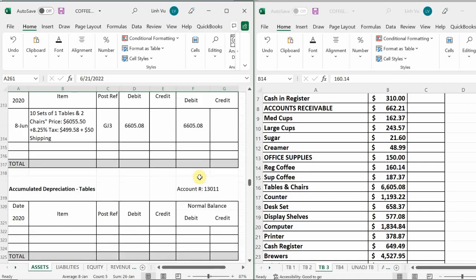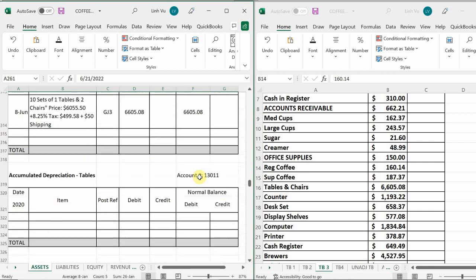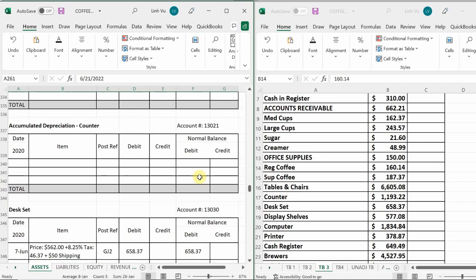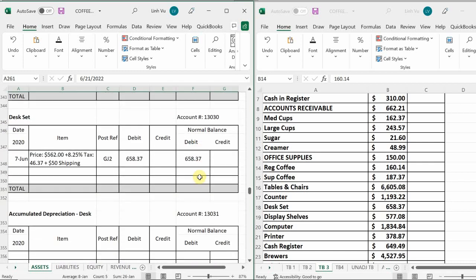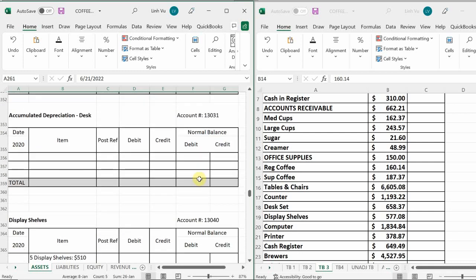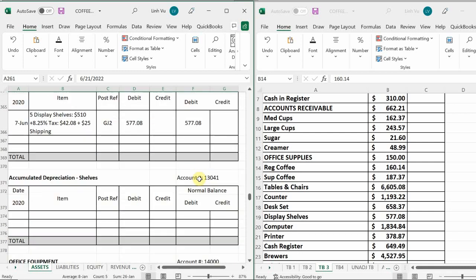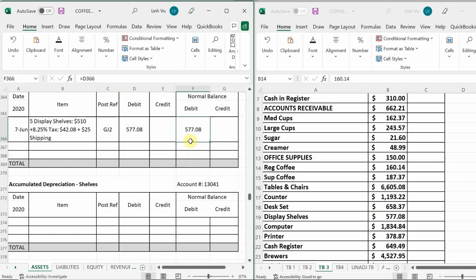Next is the tables for 660.508. That should have stayed the same. My counter is still 1193.22. My desk set is still 658.37. My display shelf should be 577.08. Okay.